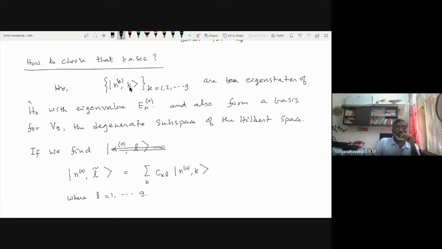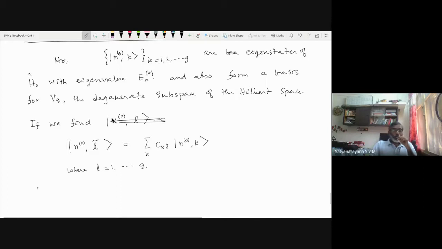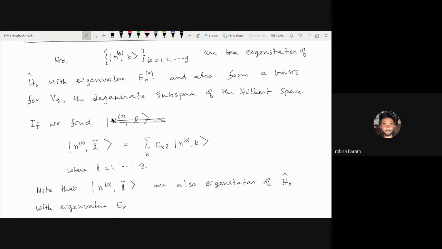So if we find states like this, note that these |n0, L tilde⟩ are also eigenstates of H0 with eigenvalue En0, correct?